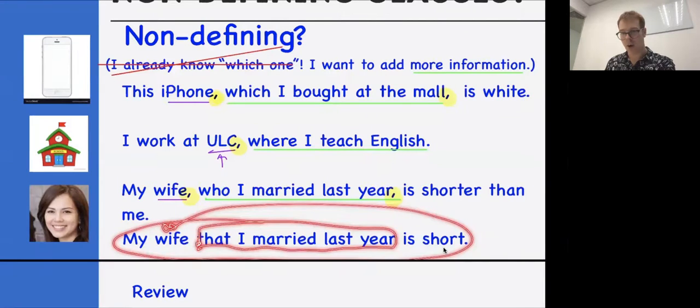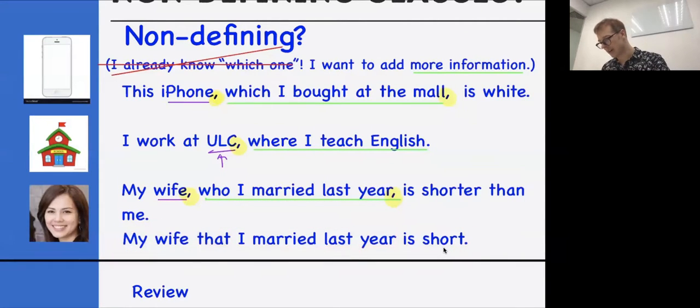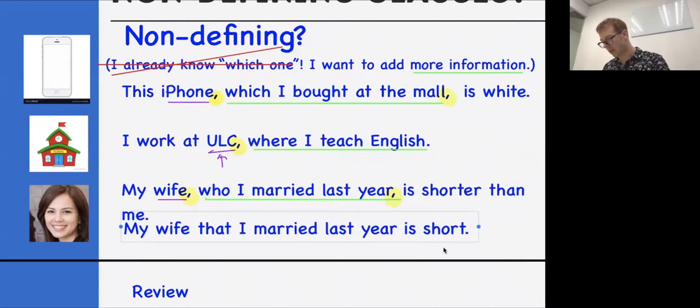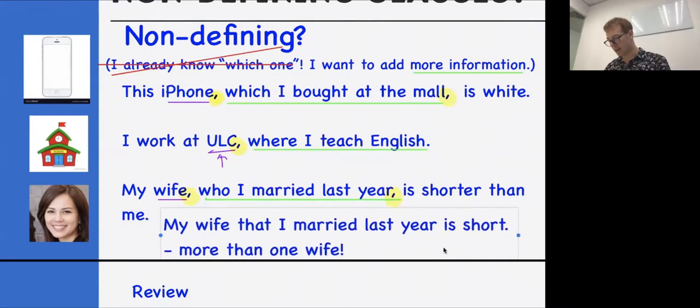And of course, my wife will be very angry because if I use this sentence, it means I have more than one wife, right? More than one wife. So if you are a husband, if you're watching this video, you have to be very careful with your grammar because if you use the wrong grammar, right, your wife might be very, very angry with you.